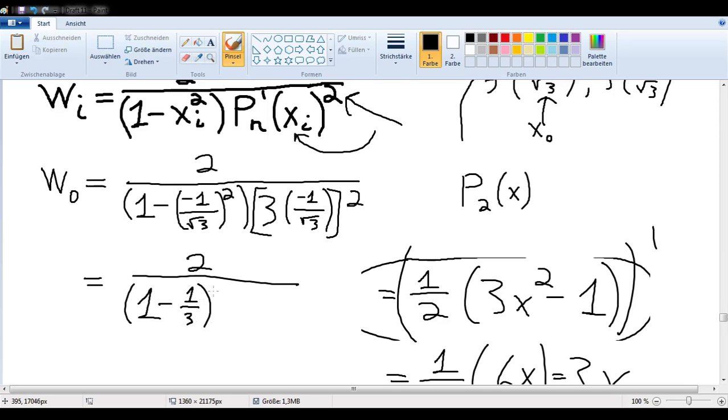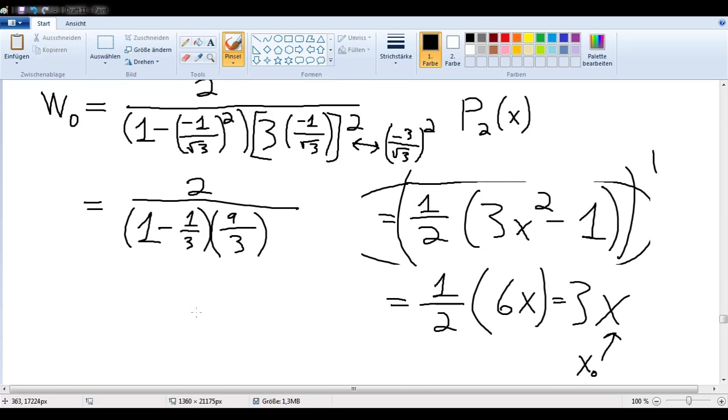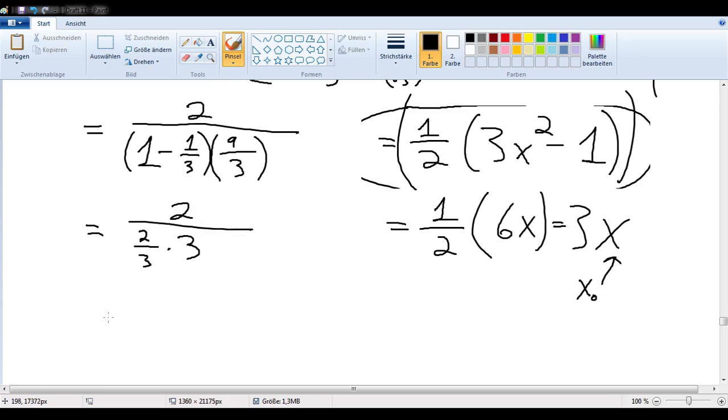So 1 minus 1/3 times, and what do I have here? I have negative, that's going to be right here, that's -3 over the square root of 3 squared, right? So square the top, square the bottom, I have 9 over 3. If we continue to simplify, we get 2 divided by 1 minus 1/3 is going to be 2/3 times 9 over 3 is just going to be 3.